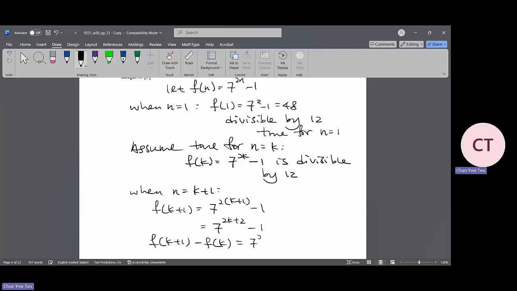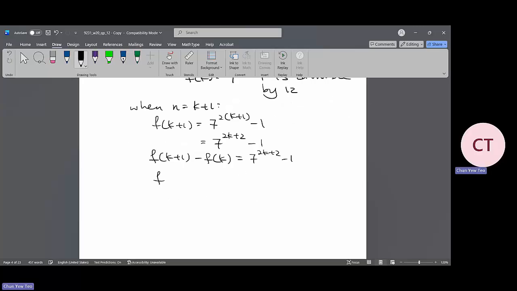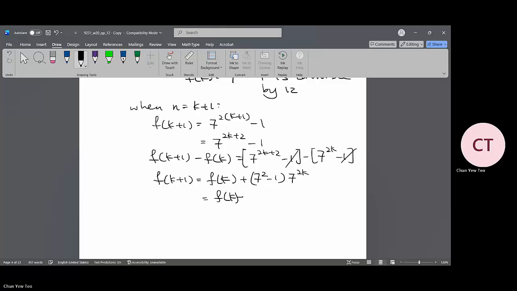So you will get this. Then your Fk, this one is Fk plus 1 minus Fk. Then you can see that this one can be cancelled. So your Fk plus 1 is actually equal to Fk plus the 7 squared minus 1 times 7 power 2k. This one is 48.